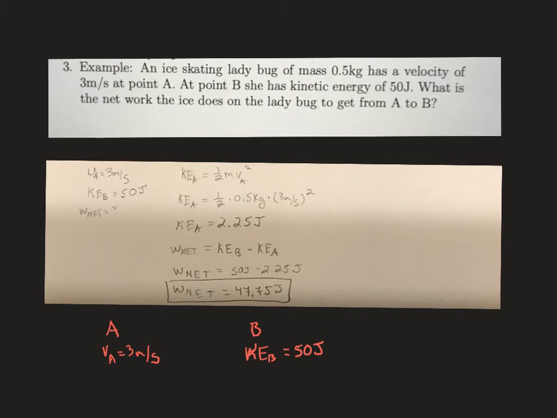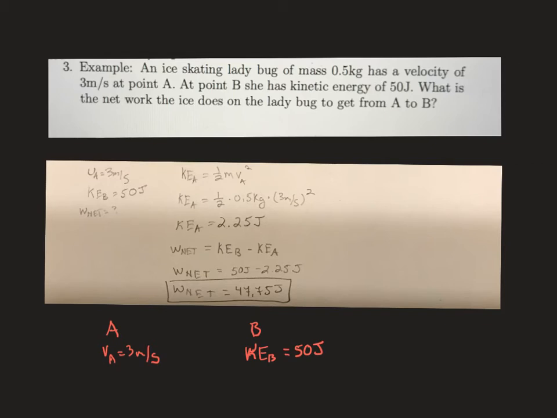Now, there are a couple different ways of solving this problem, so I presented here the method that I chose to use, because our ultimate goal is to use the work energy theorem, and the work energy theorem is equal to the change in kinetic energy. And we know the kinetic energy is equal to 1/2 mass times velocity squared.